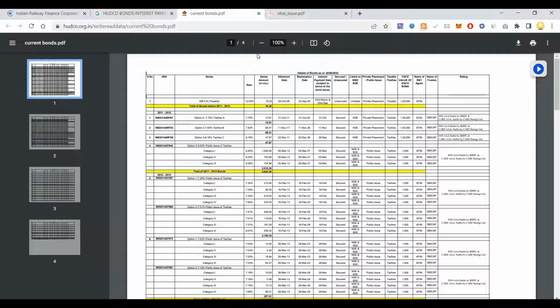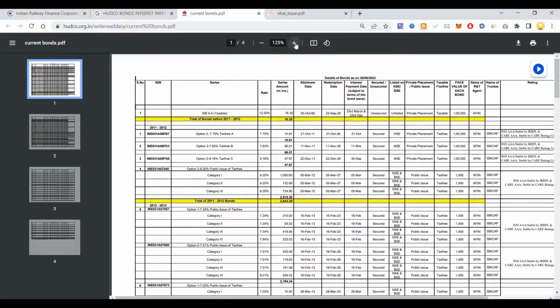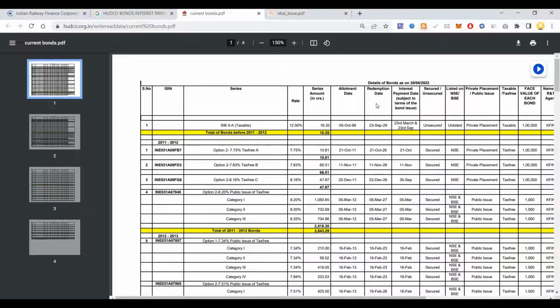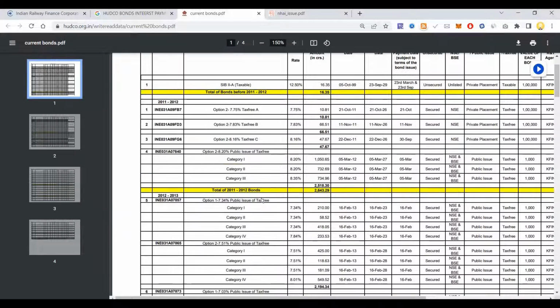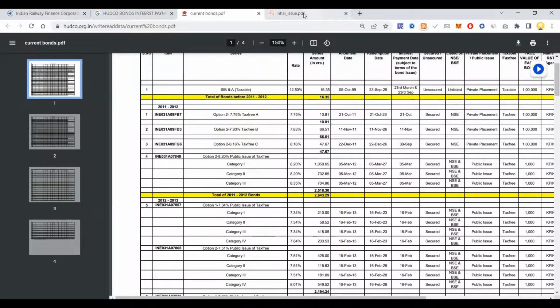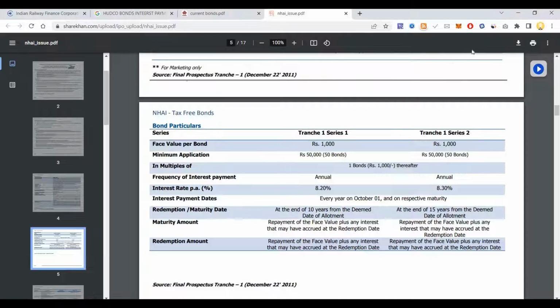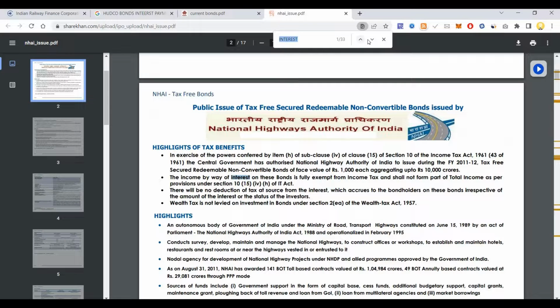If you see here, you can see the redemption date, allotment date, and interest payment date for various bonds and categories. Similarly, for National Highway Authority of India, the interest dates are mentioned here.